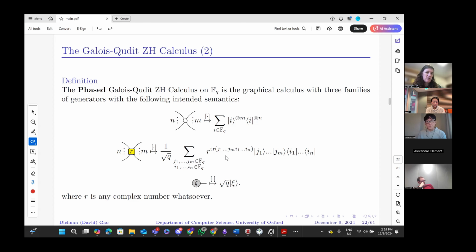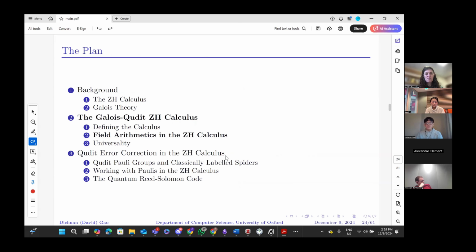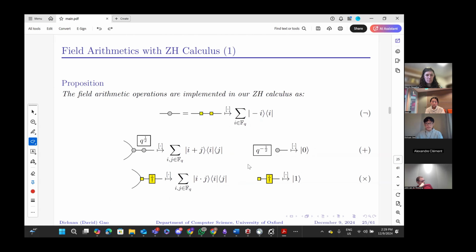Yes, it is. The thing about Galois fields is that the role of one is split between two different things. First there's the one which is the multiplicative identity, and in our calculus this is going to look like this, very similar to the usual ZH calculus stuff we're used to.